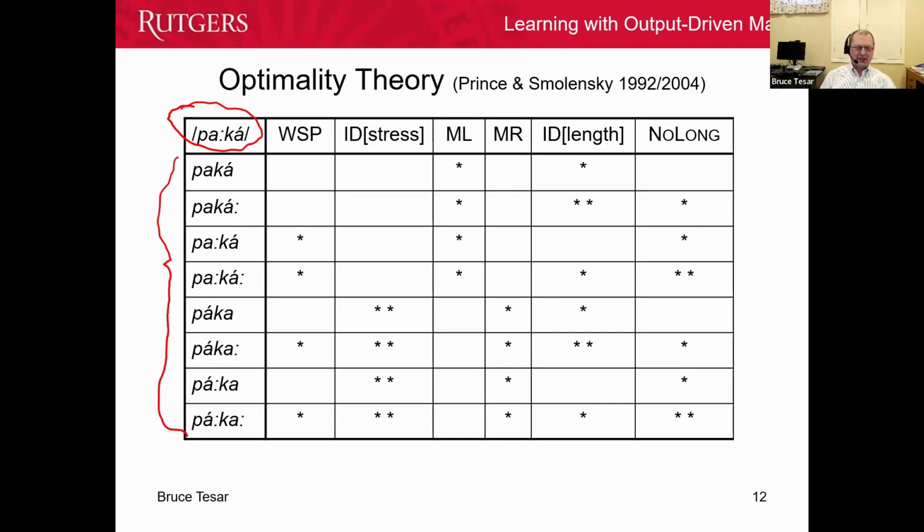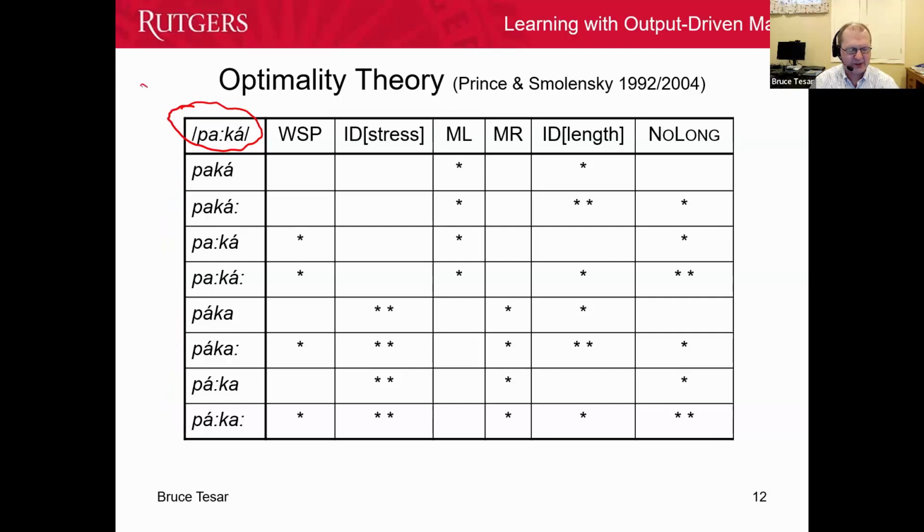Those 8 possibilities are called candidates, and you can think of them as competing to be the actual output. The actual output is determined through optimization. The optimization is with respect to a set of constraints which evaluate each candidate. I'll say more about the content of the constraints in a minute. What we have here is known as a classic tableau.